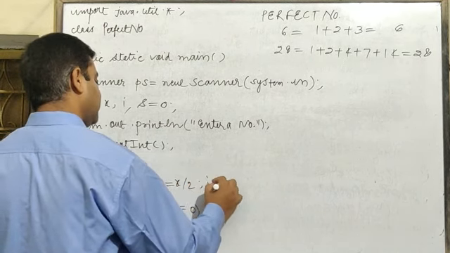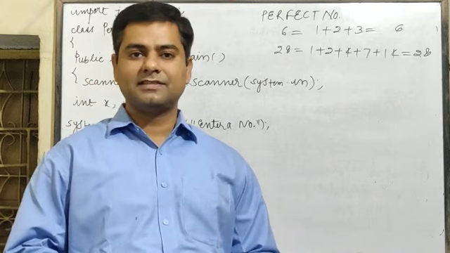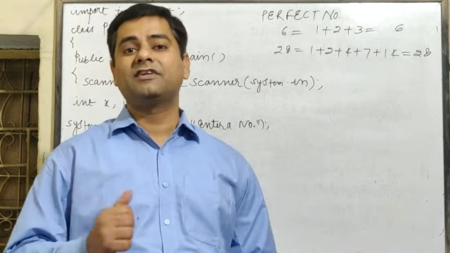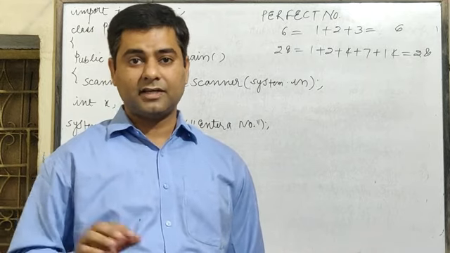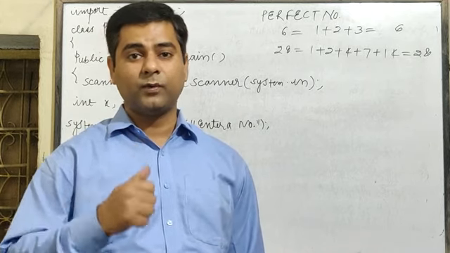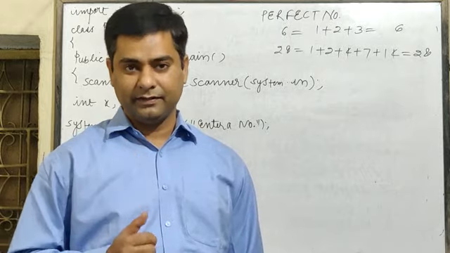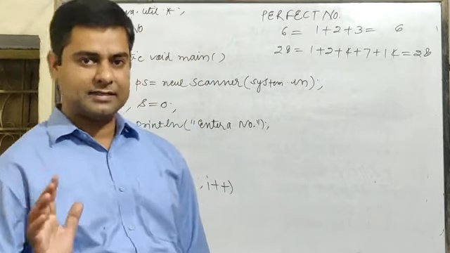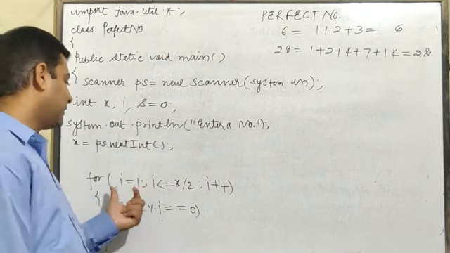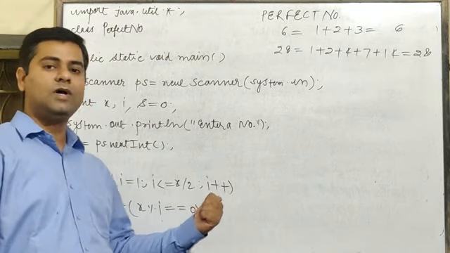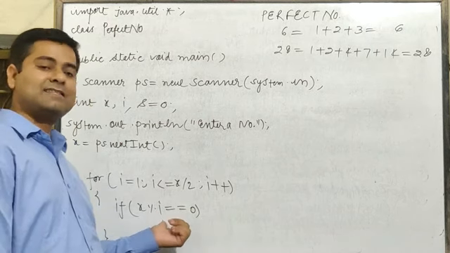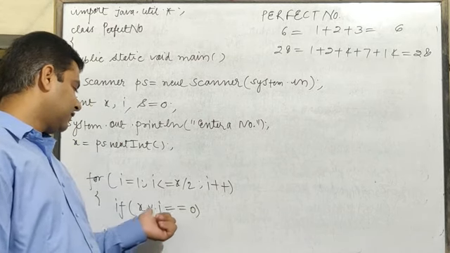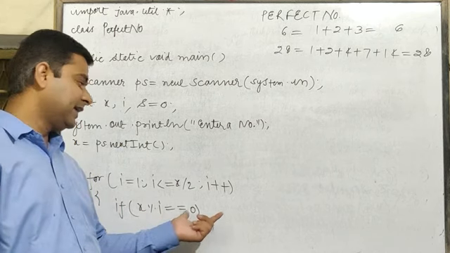Because I explained just now, any number can have its factors till its half. For example, 10 will have its factor till 5, 100 will have its factor till 50, excluding itself. 500 will have till 250, 1000 will have till 500. So any number can have its factor till its half. Therefore I am writing this loop, I equals 1, I less than or equal to x upon 2, I plus plus. If x modulus I equals 0, because this is the condition, if x is divisible by I, means after dividing x by I, the remainder comes 0.